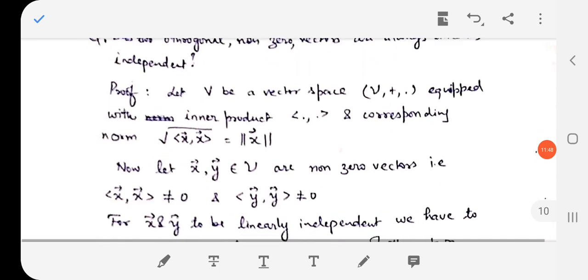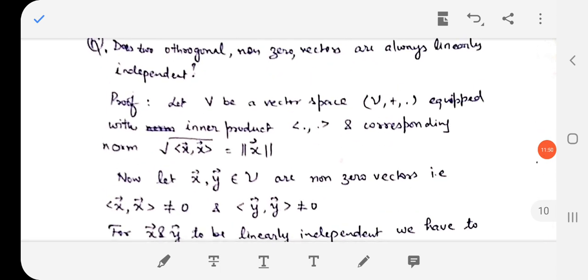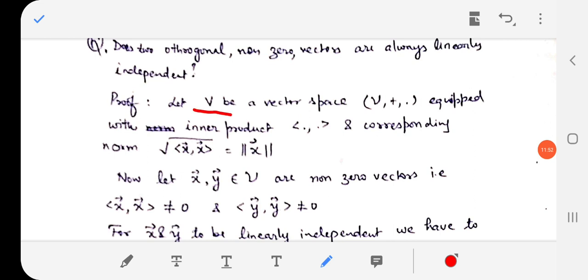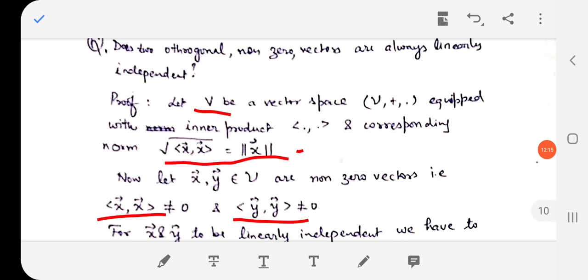So we take a vector space V, and we define the norm with respect to the inner product this way, right? Now we know that for any non-zero x and y, this will be fulfilled, because that's the property of the norm or inner product, that it is positive definite.